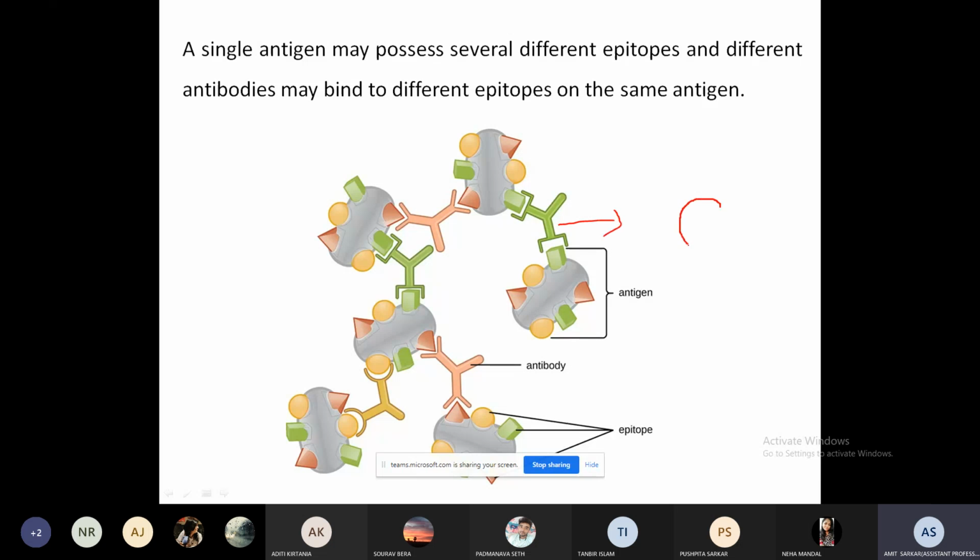Now you already know that the source of each antibody is one particular type of B cell. That means the green antibody is coming from one B cell, the brown from another B cell, and the yellow from another B cell.